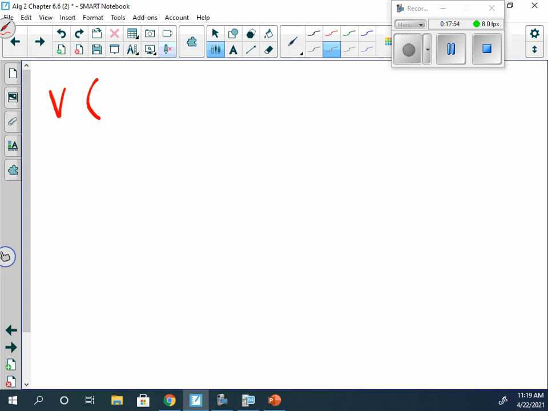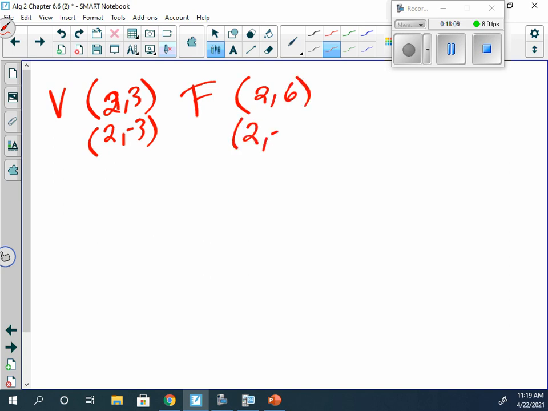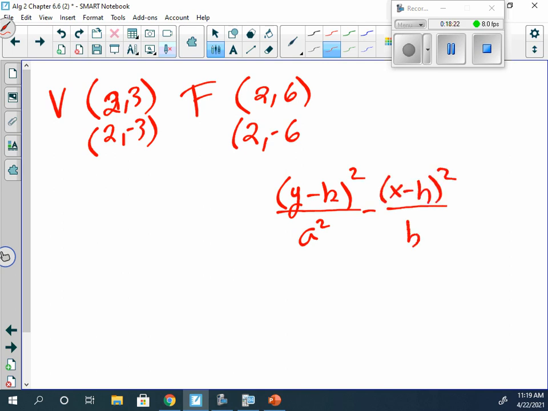Vertices: (2, 3) and (2, negative 3). Foci. So our y would be first.